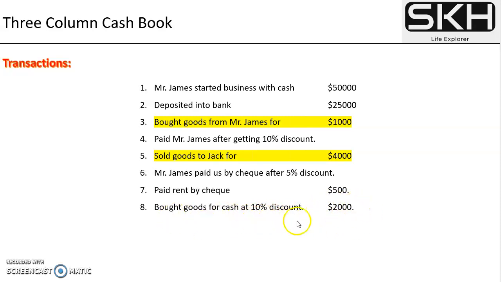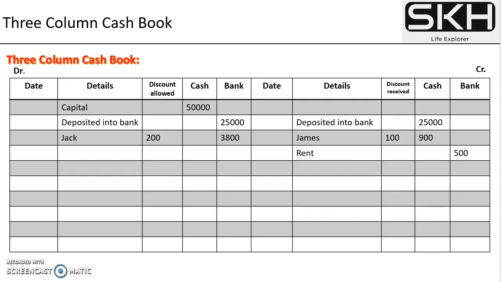We are buying goods for cash and we are paying 2,000, but after discount, 10% of 2,000 is 200. So how much are we paying to that person? 1,800. So in the cash account we will write 1,800, and I will write here purchases account. I will not write discount here because this is trade discount.